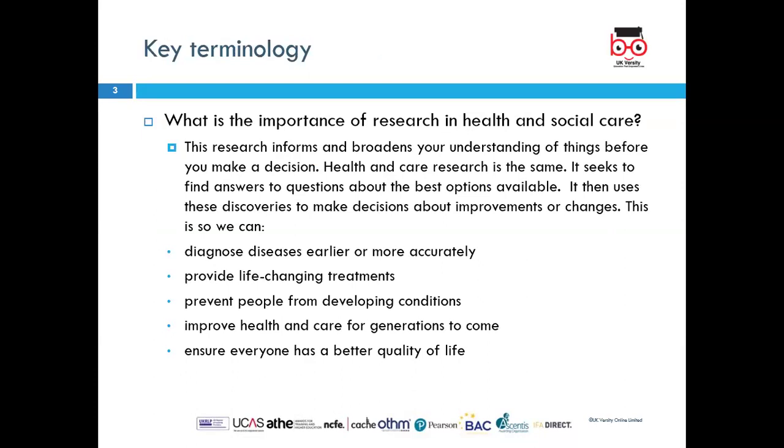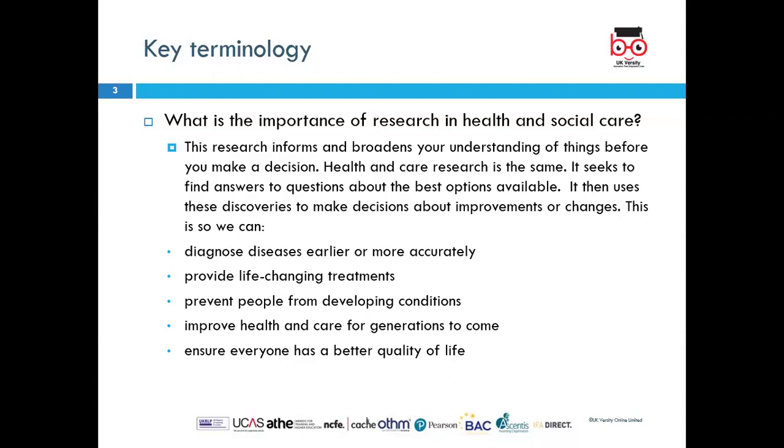So what is the importance of research in health and social care? We've talked a bit about it before. Research informs and broadens your understanding of several things before you actually make a decision. Every decision that you make should be research-based. Health and care research is the same.